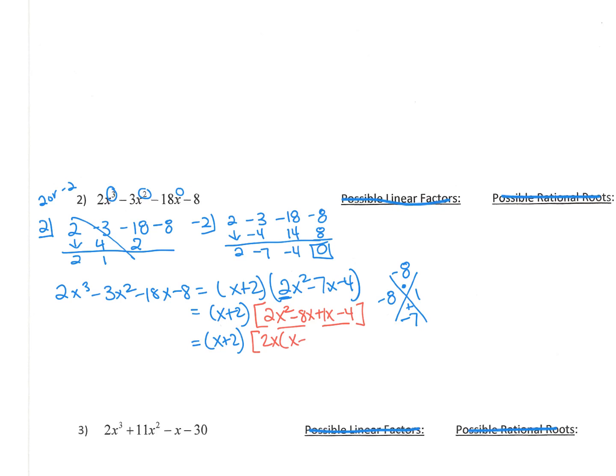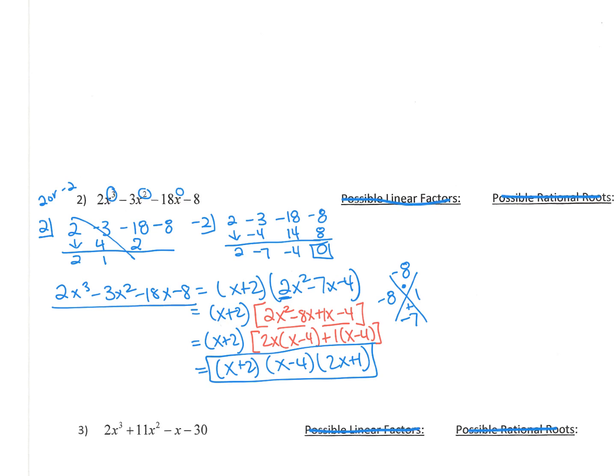So I get x minus 4. And then here a GCF of 1 and x minus 4. So now in completely factored form, this is x plus 2 times x minus 4 times 2x plus 1. This is my polynomial, completely factored.